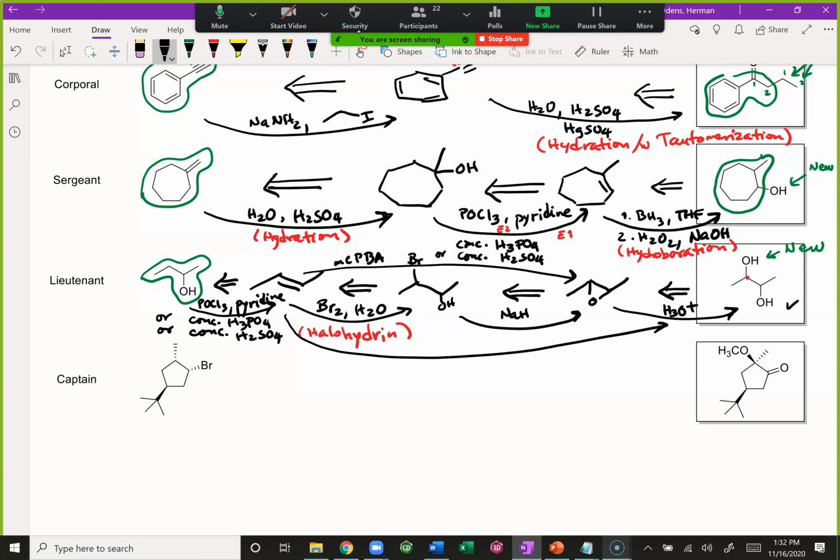See, we're skinning the cat differently. And this one will be osmium tetroxide. And then that's the first one. And then we need something like sodium sulfite, something like that.